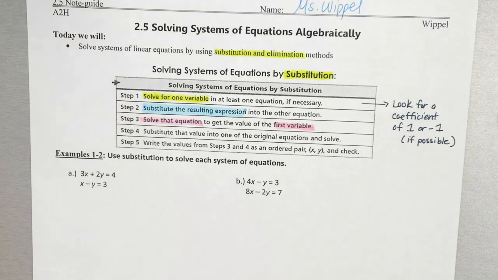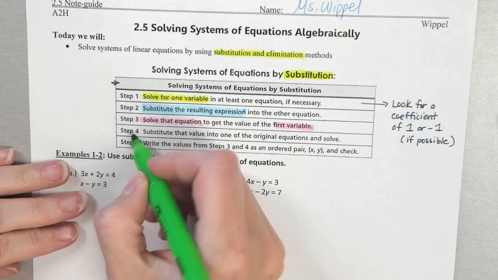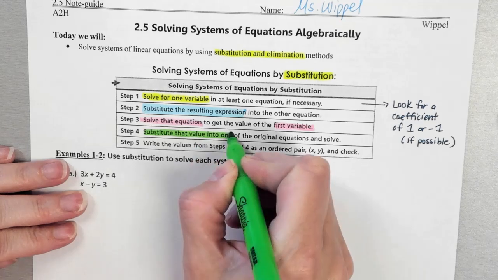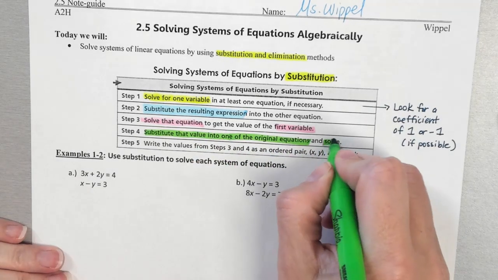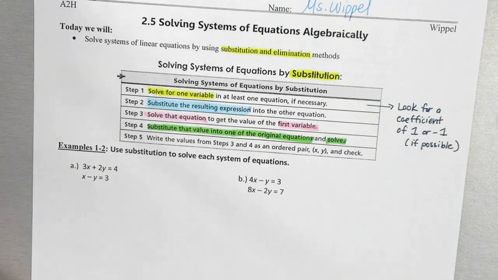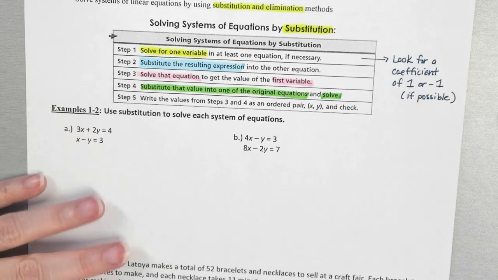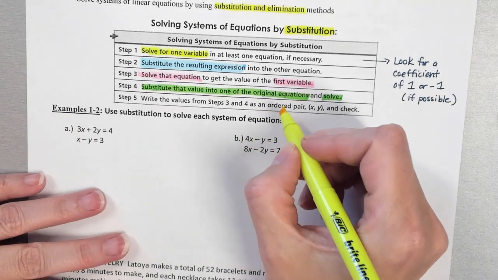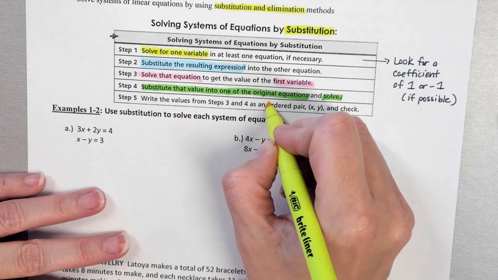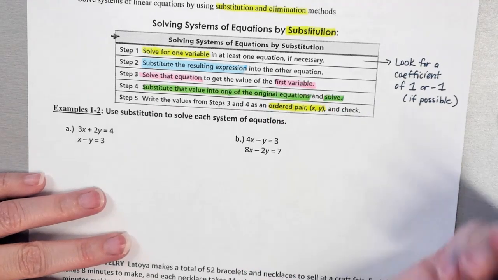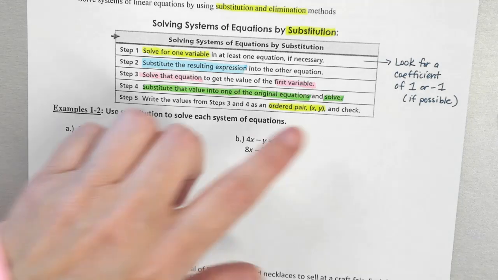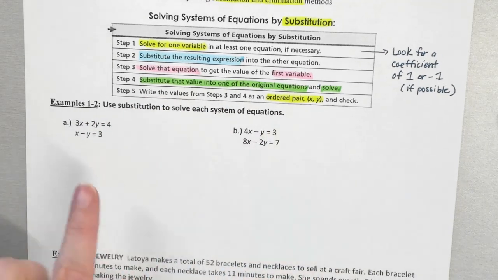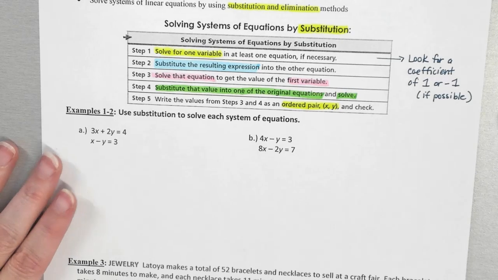And then we get to substitute again into one of the original equations, and that's going to let you solve for the second variable. Then you write those as an ordered pair, x, y, and you can always check to make sure x and y satisfy both of those equations.